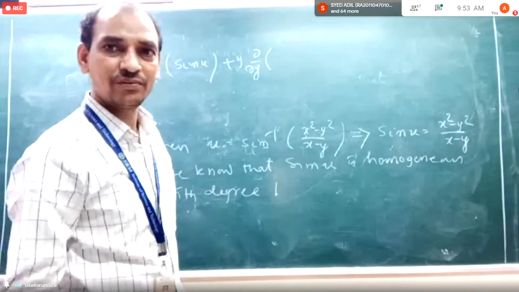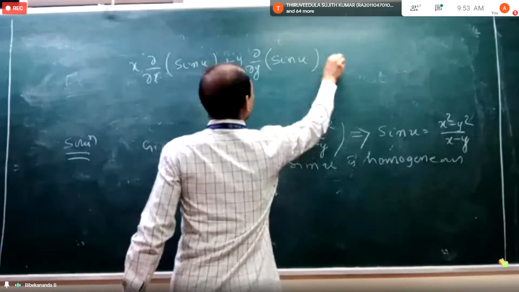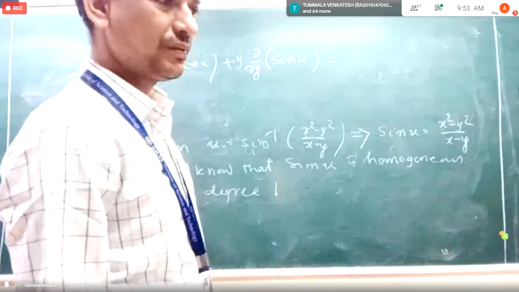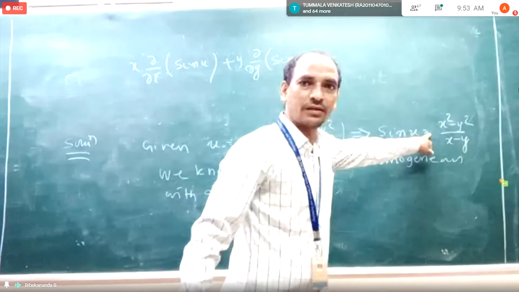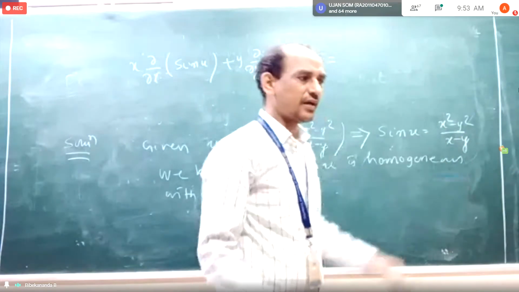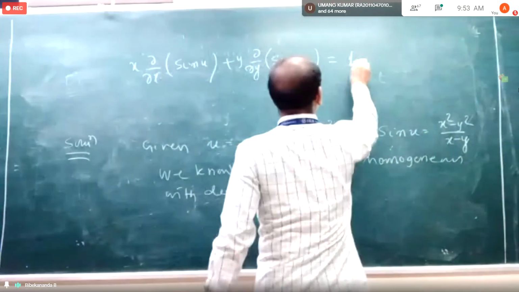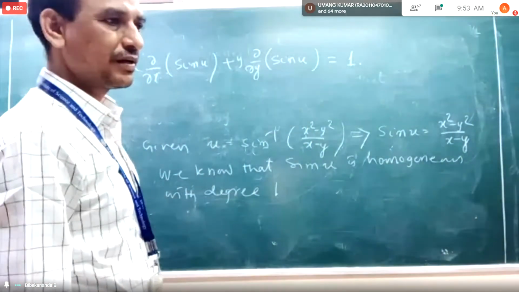Again sine u, sine u, and that is equal to, what is the degree of sine u? One. A homogeneous function of degree 1, no? So what is the degree there? 1, into u. In place of u, what are you writing? Sine u.